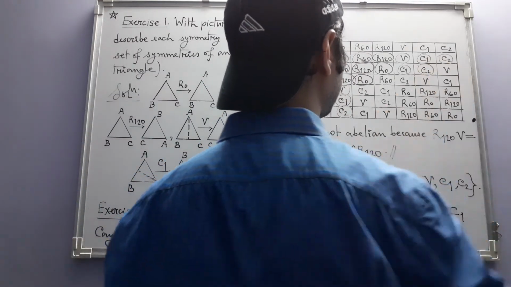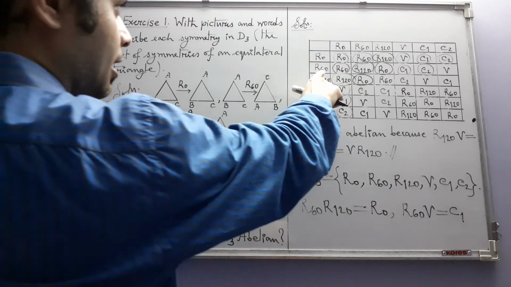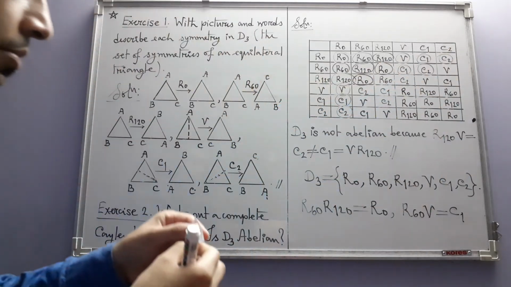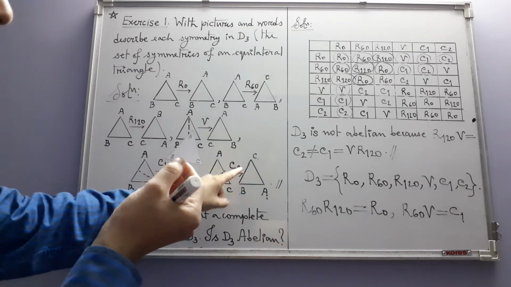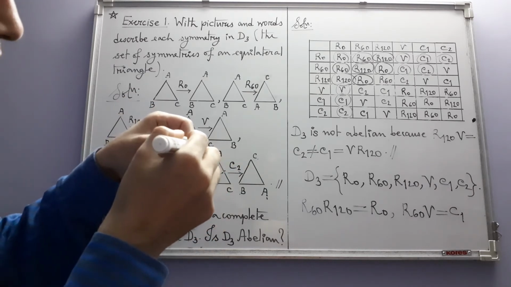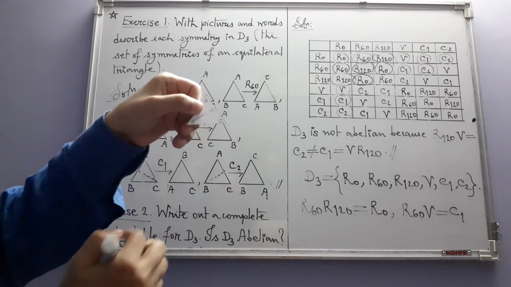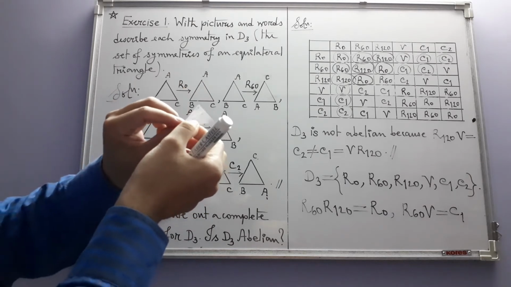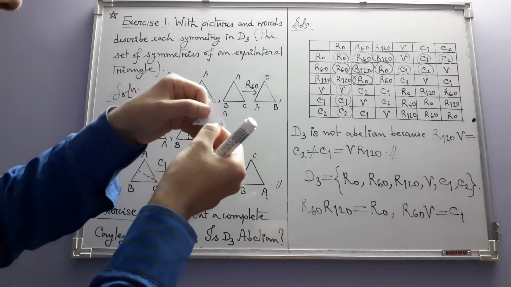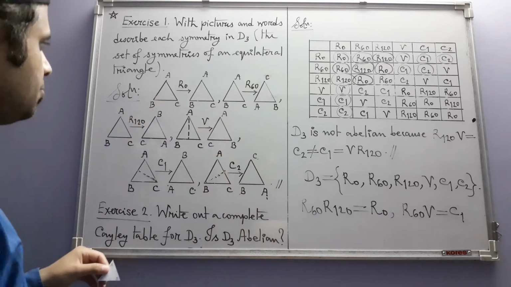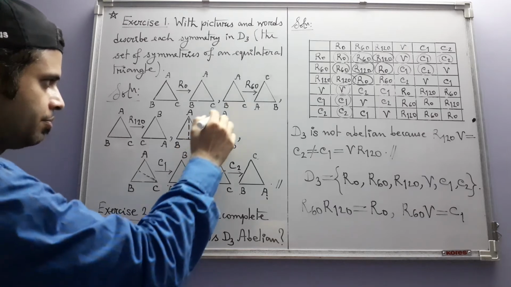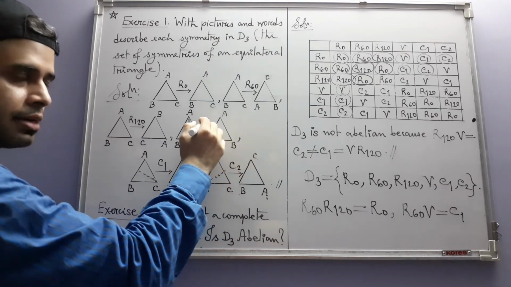Then R60 C2. So this is ABC. Now we will apply C2 first. C2 is flipping about this axis and then R60. ACB. So this is the same as V.